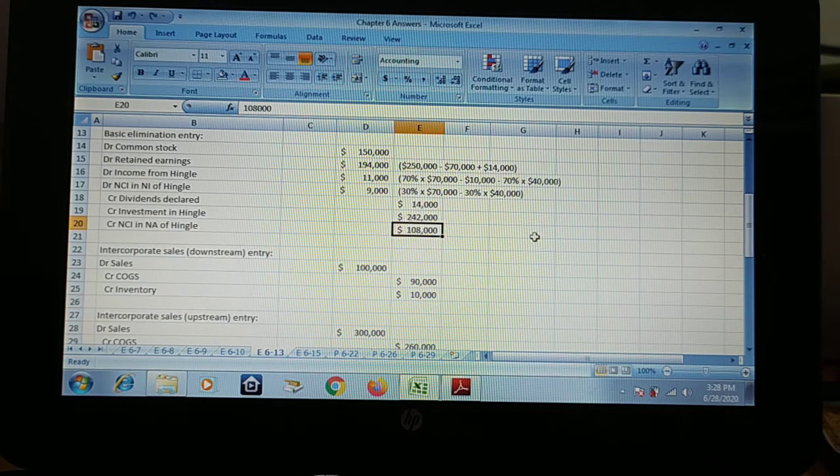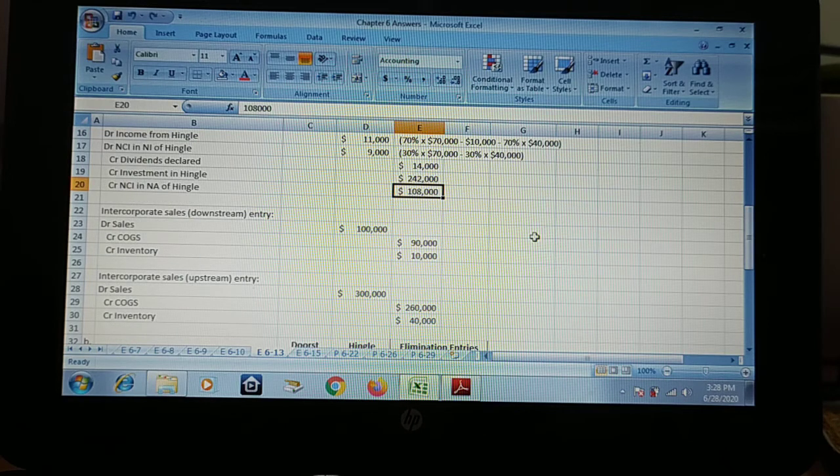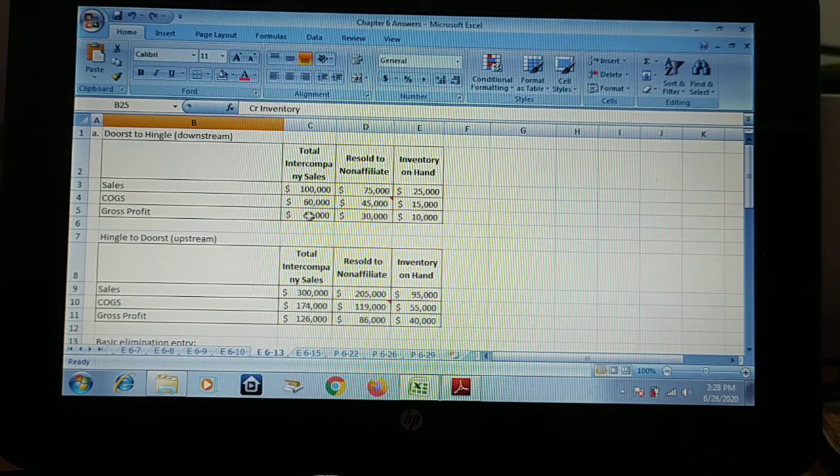And then for the intercompany sale elimination entry, remember, if there are two sales, then there are two elimination entries. The first one is for the downstream: debit sales, credit COGS, credit inventory, just like the way you usually do. This is for the sales, then the sum of 17,000 and 15,000 for COGS, then 10,000 for the inventory.